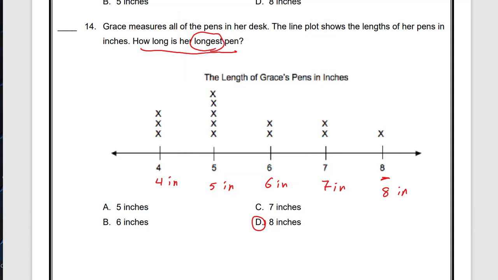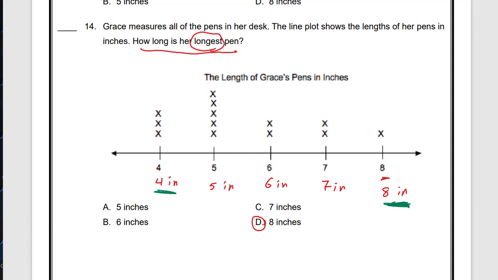And the same for all of them. Now what is the shortest and what is the longest? The shortest pen is 4 inches and the longest is 8 inches.